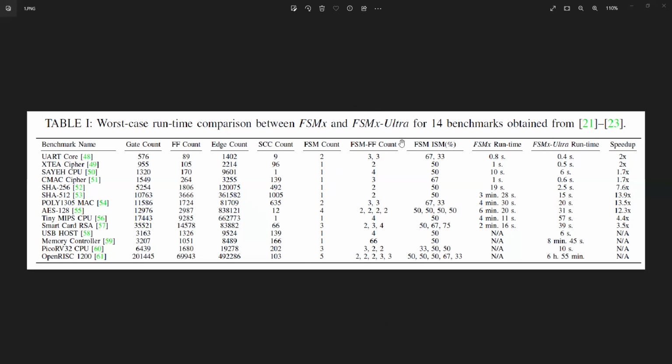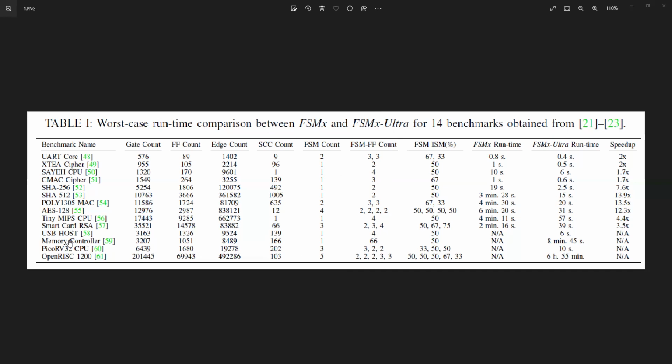And here I have presented the number of flip-flops present in the FSM register. If you look here, it also varies. It has small numbers, like 2, 3, 4, and it also has a very large number, for example 66. For this benchmark, the memory controller, the number of FSM flip-flops is extremely huge.